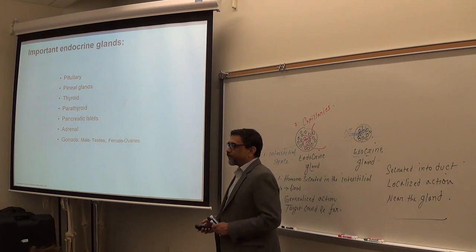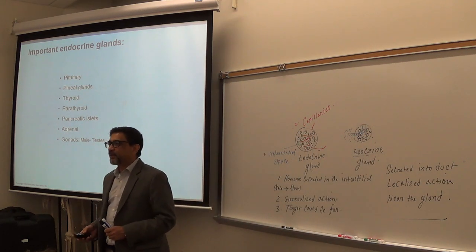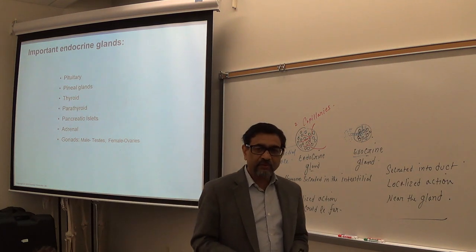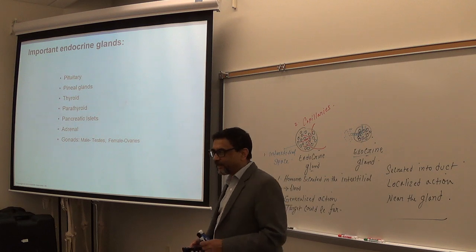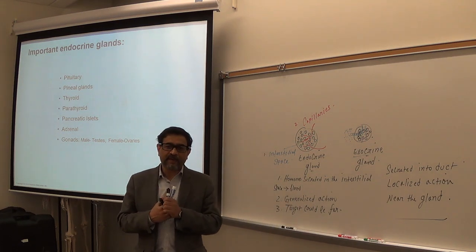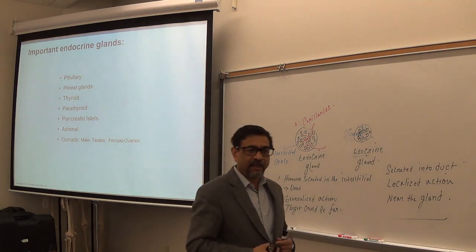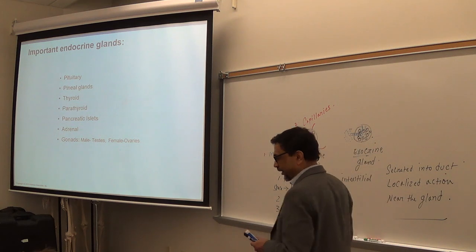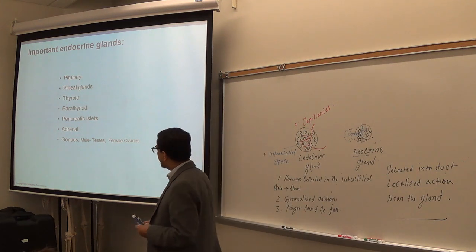Then on the top of your kidneys, you have adrenal glands, also called suprarenal glands, right? Supra means above, renal means kidney. So suprarenal or adrenal glands. How many? 2, because you have 2 kidneys, right? And they are sitting on the kidneys.